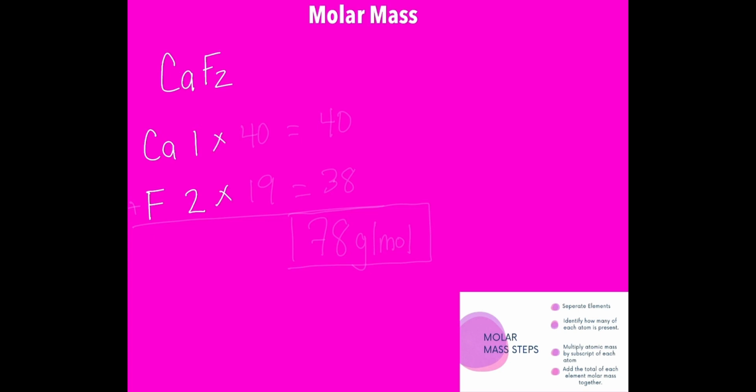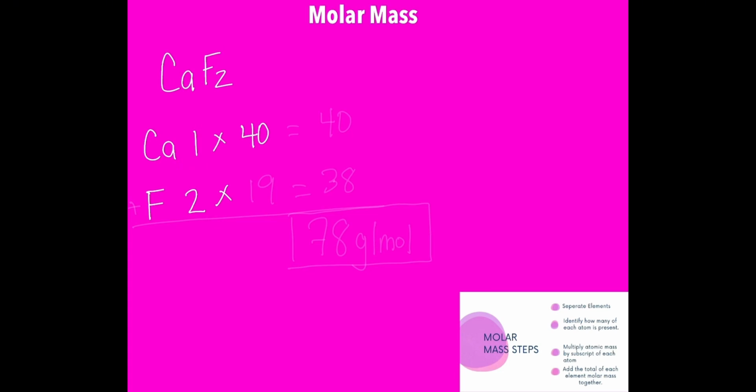Our third step is to multiply our atomic mass by the subscript of each atom. When I look at my periodic table, I know that the atomic mass for Ca is 40. Now, we're going to round to the nearest whole number, so I'm not going to keep it in decimal form. You can if that's what your instructor has instructed you to do.